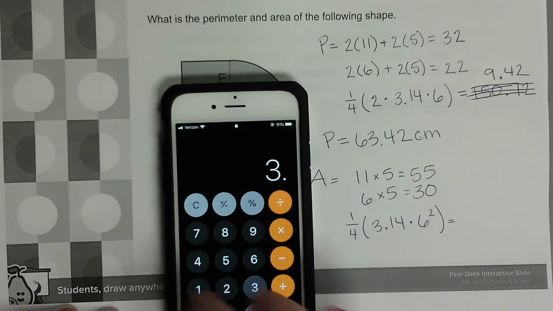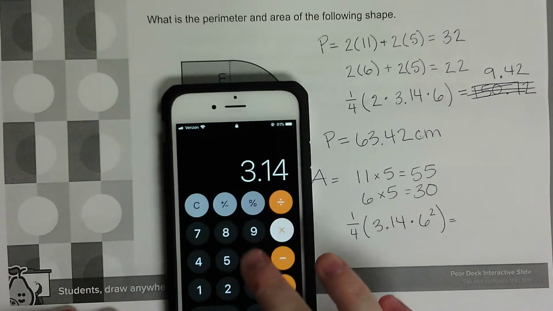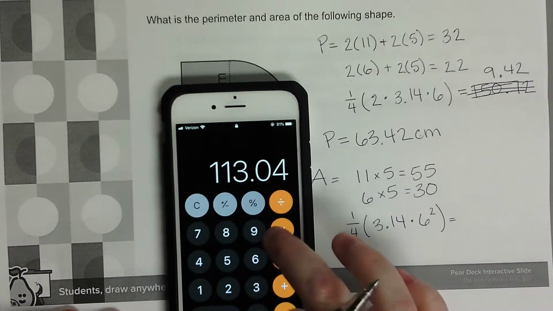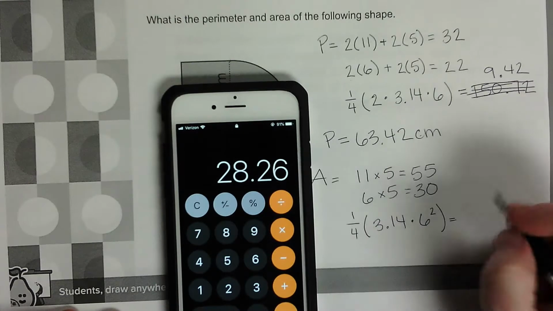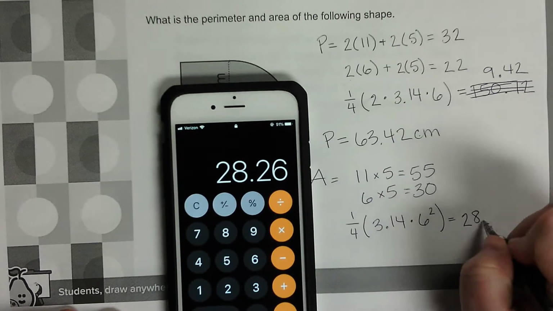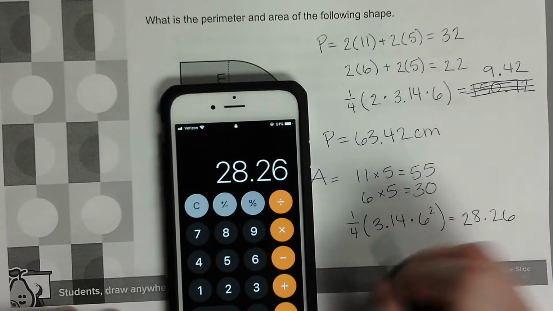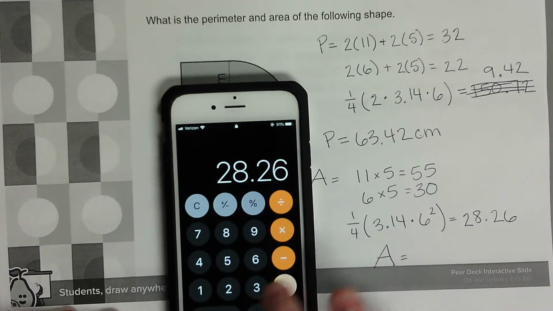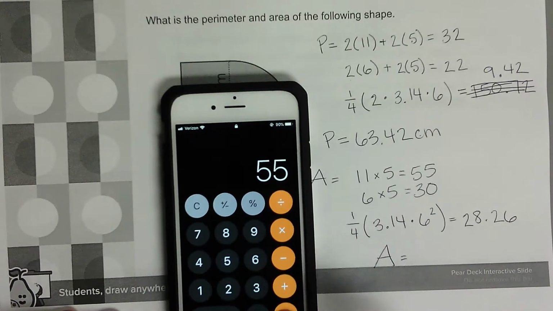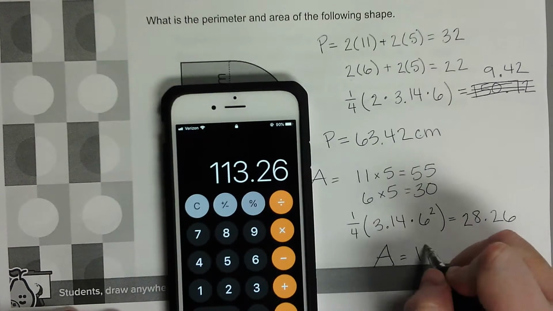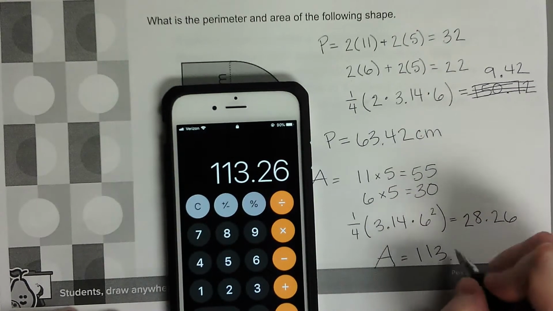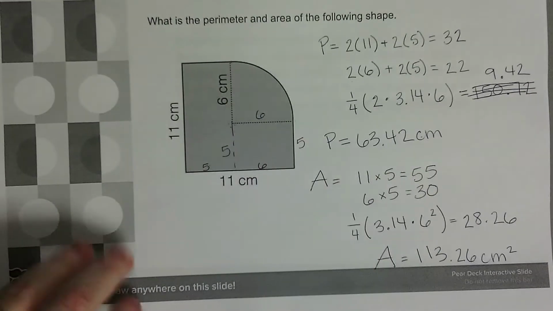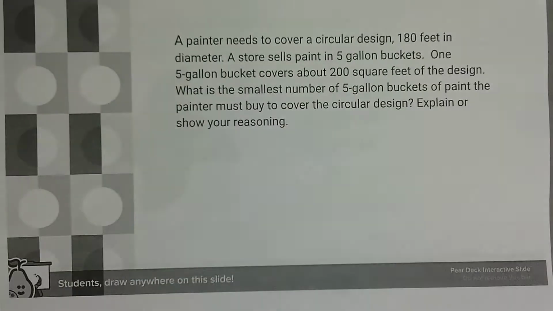So we have pi times 6 squared, which is the same as 6 times 6. And then we're going to multiply it by our quarter, because we only have a quarter of it. And to find the total area, we need to add up our 3 values. So we get 113 centimeters squared.